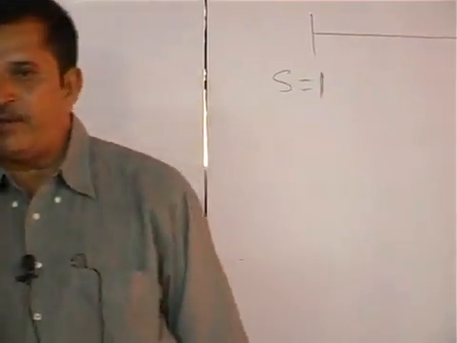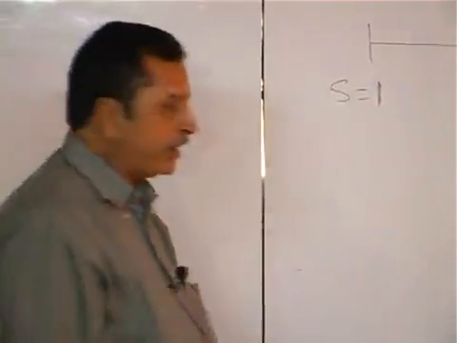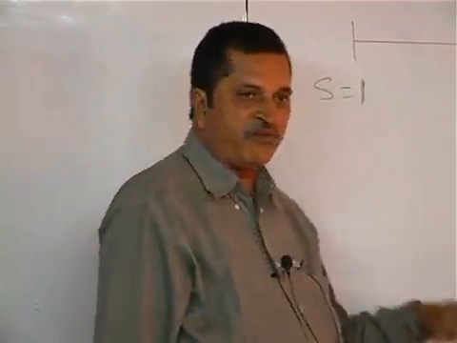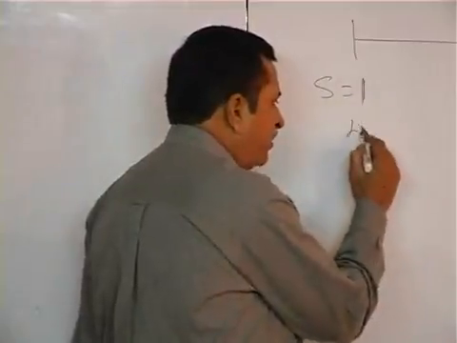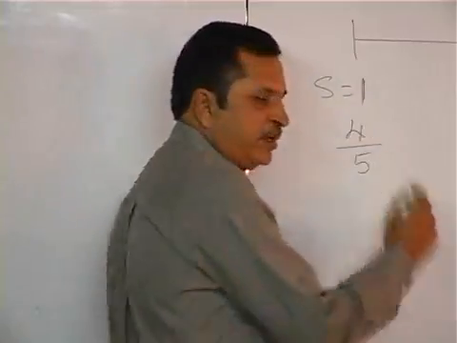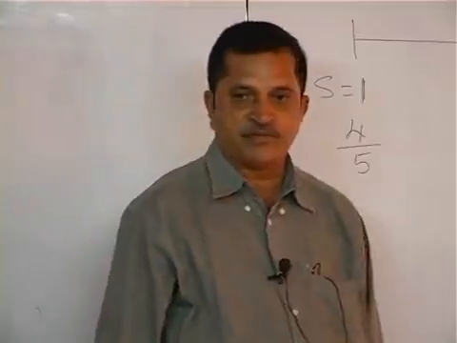One day what happened? Walking at 4 by 5 of his usual speed. 4 by 5 of 1 means 4 by 5 only. Speed is reduced.